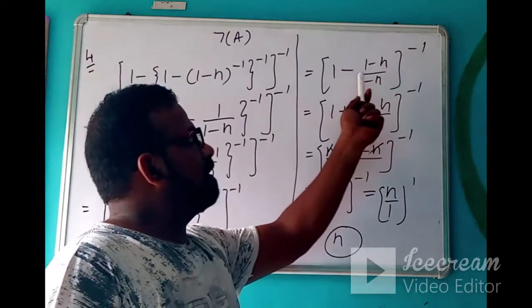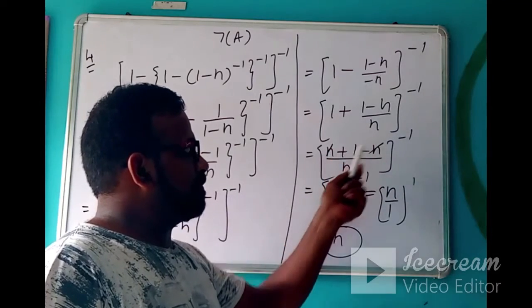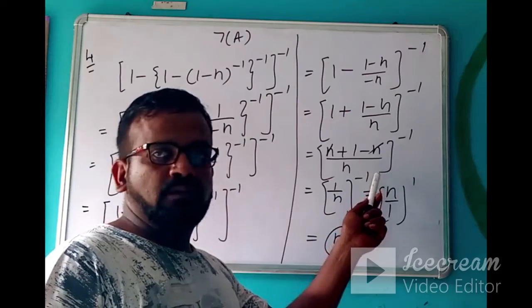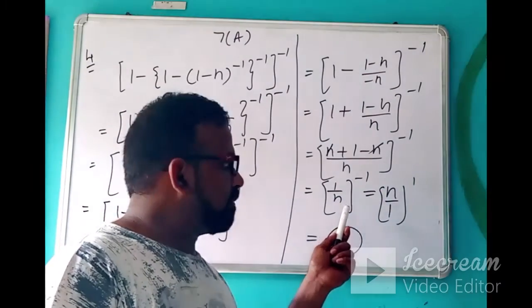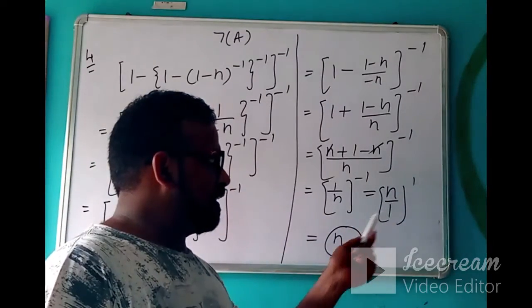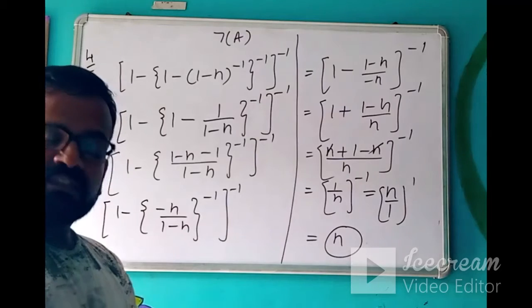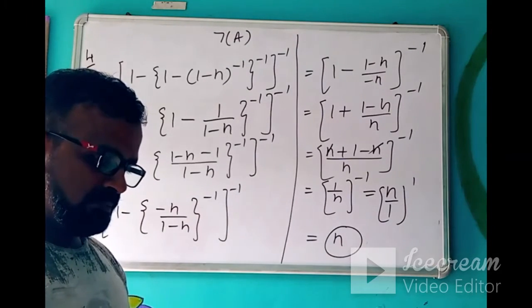This you will get minus minus plus. Again we will take the LCM. So n and n cancel, you get 1 upon n to the power minus 1. Then again we will take the reciprocal because we have to express this answer in the positive index. So after taking the reciprocal, my answer is n. So this is how you can remove the negative exponents, simply by taking the reciprocal of the respective numbers.